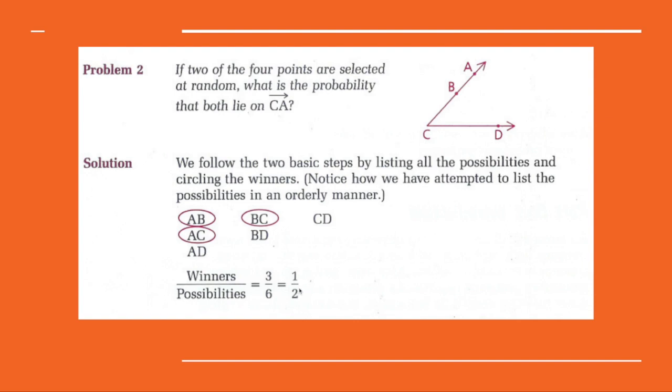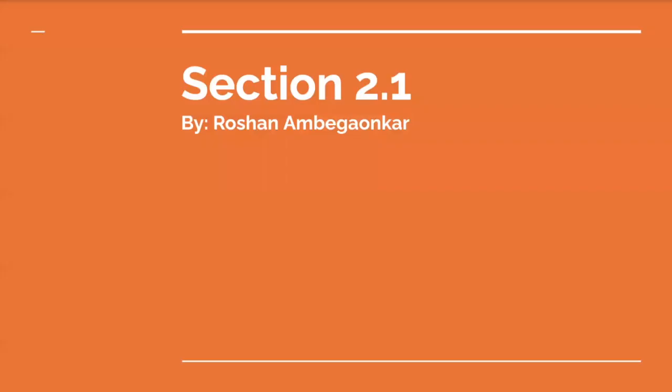Therefore, the probability is 1 over 2 that 2 of 4 points will both lie on ray CA. So as you can tell, probability is pretty simple. You just have to know how to count all of the possibilities and define the winners of each problem, and then make a fraction out of them, and you'll get your answer.